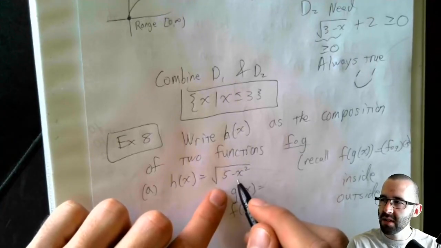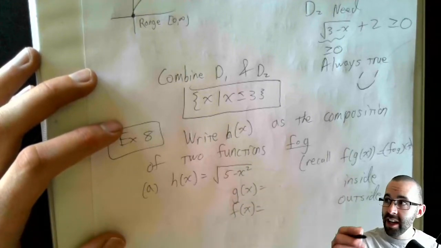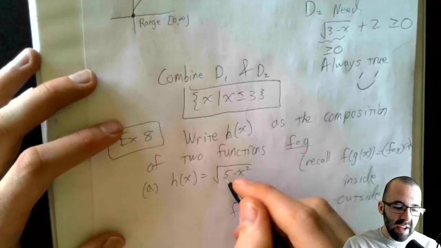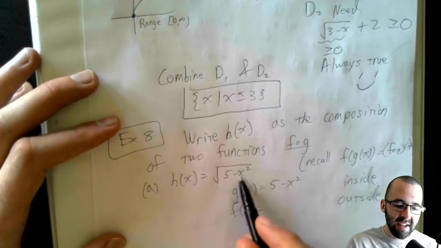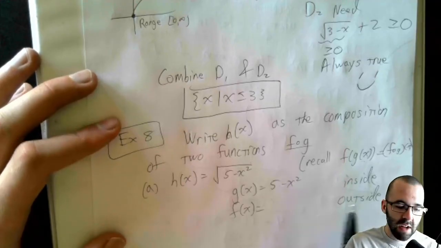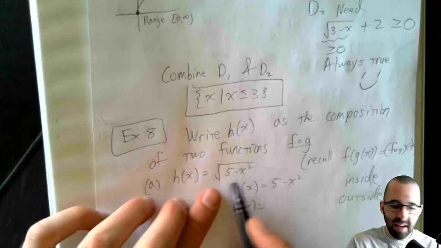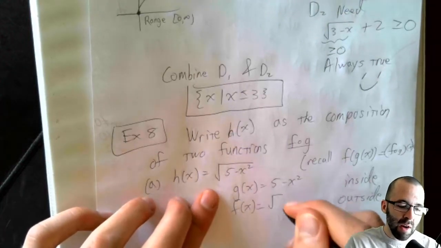It's probably the easiest choice. The square root is close, Delaney, yeah. The square root, actually, we're going to use as our outside function. The inside function, let's just choose as 5 minus x squared, just what's on the inside of the square root. And then the outside function is what's being done to that inside function. So the outside function is going to be the square root of x.